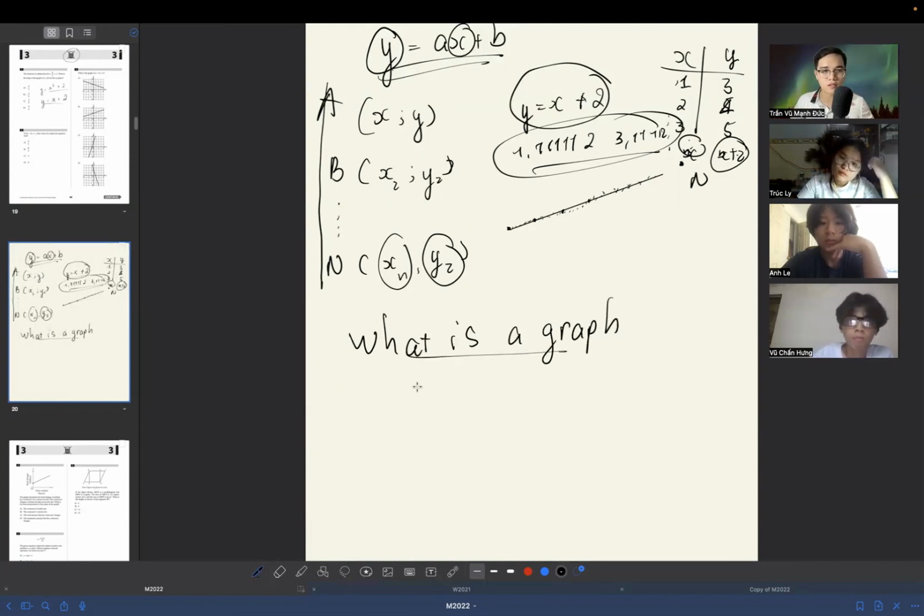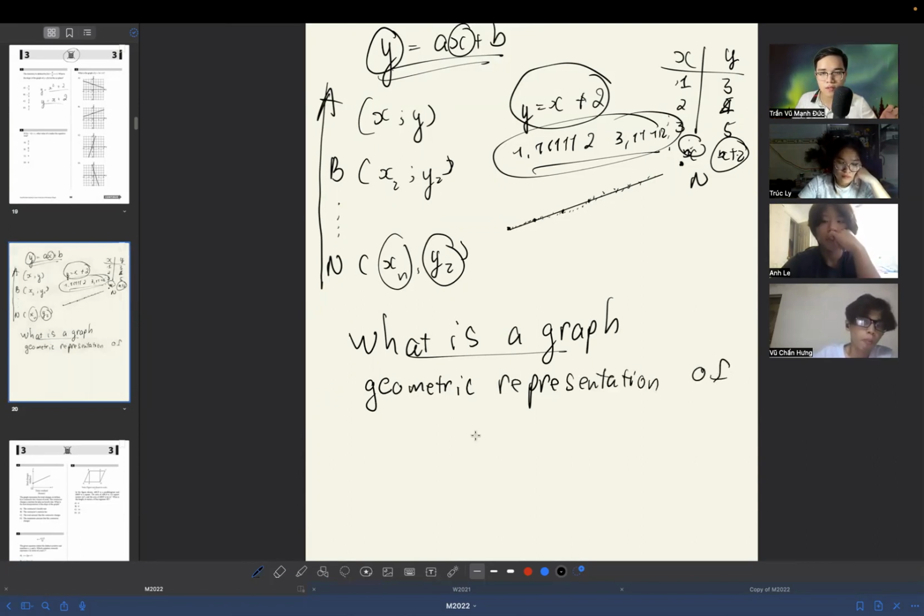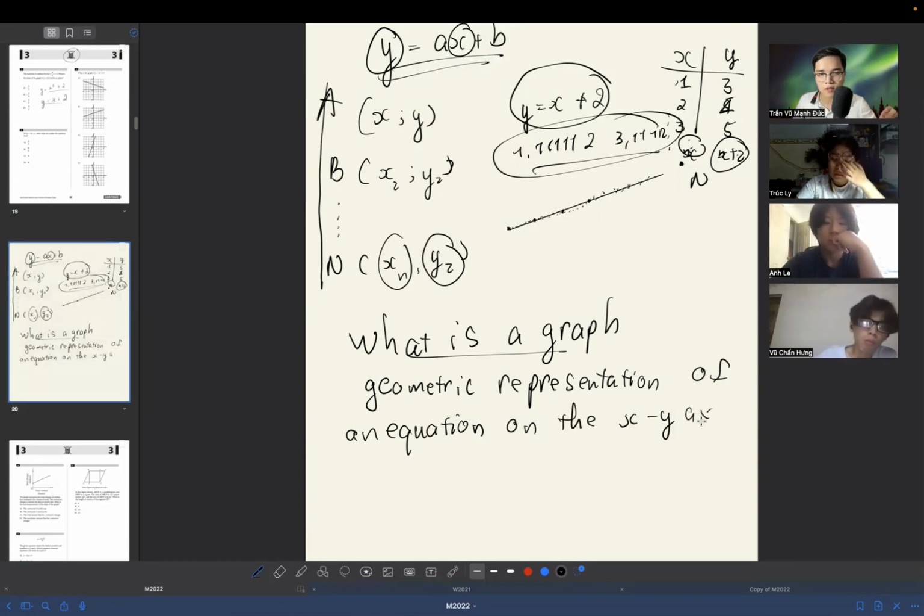I just explain this to you, that a graph is basically a geometric representation of an equation on the xy axis.